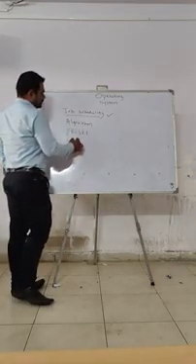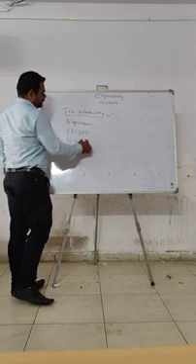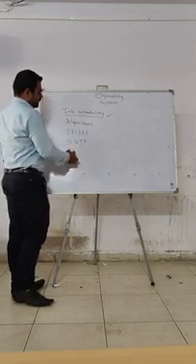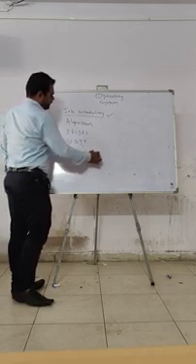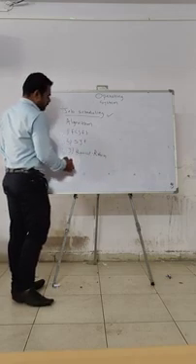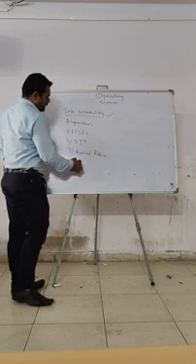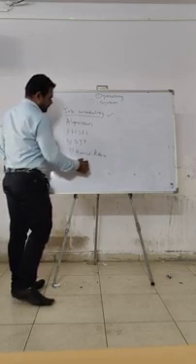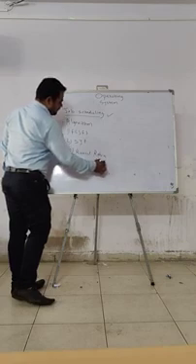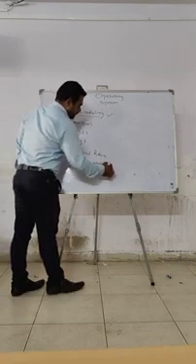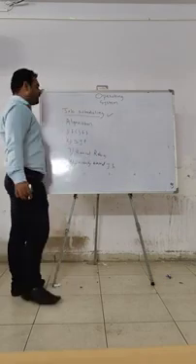Second one, shortest job first. Third one, round robin. Fourth one, priority based job scheduling.